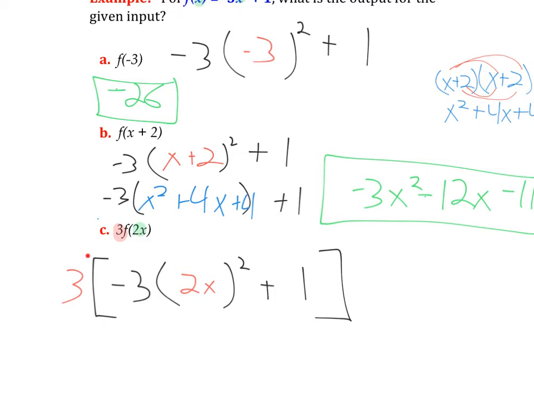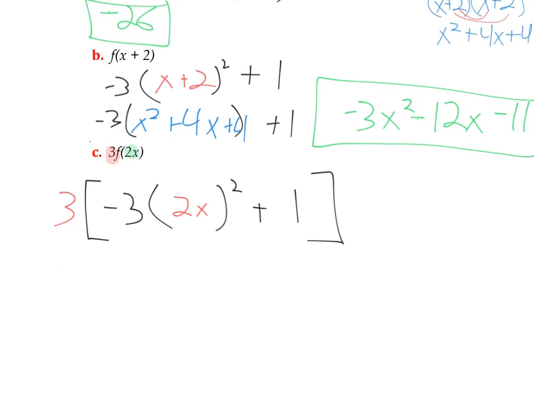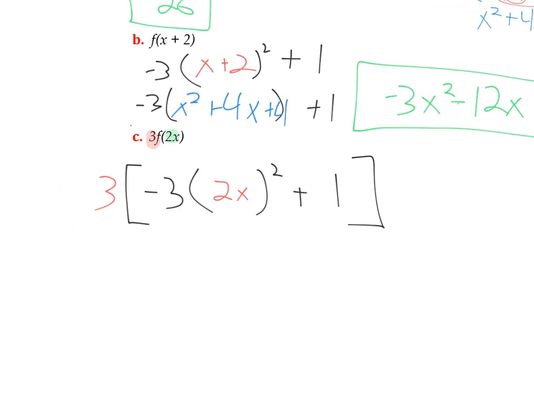You'll notice here I'm using brackets just to denote that it's a separate type of parenthesis, but it's going to behave the same. All right, well, 2x squared, since there's no pluses or minus inside the parentheses, that squared affects both aspects. So 2 squared is 4, x squared, well, that's just x squared.